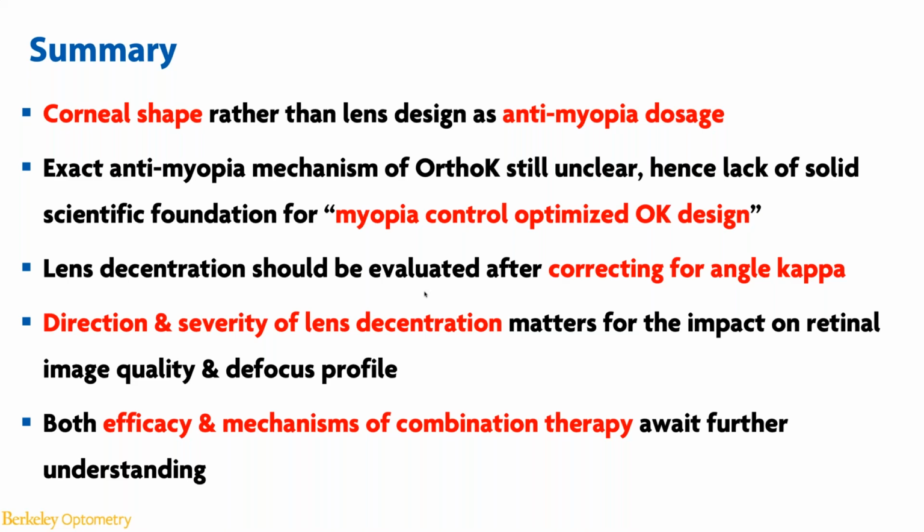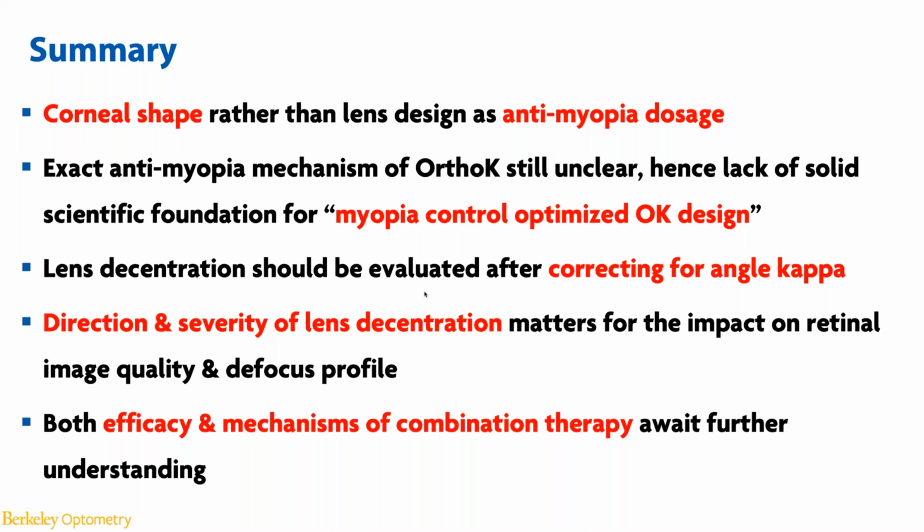This is especially important for ortho-K studies, because what is actually changed on the cornea is the anti-myopia dosage rather than the optics of the lens. And currently, we still don't know enough about the exact working mechanisms of ortho-K in myopia control. So the scientific foundation for myopia control optimized ortho-K design is still lacking.